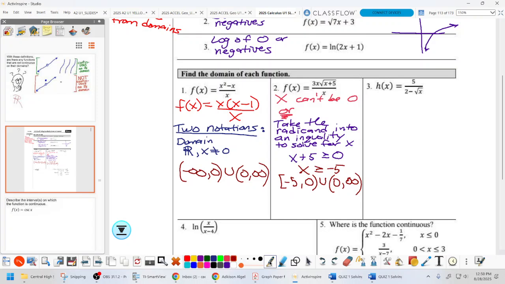What do we have going there? What do I have to be careful of? Negative numbers, because of that x.